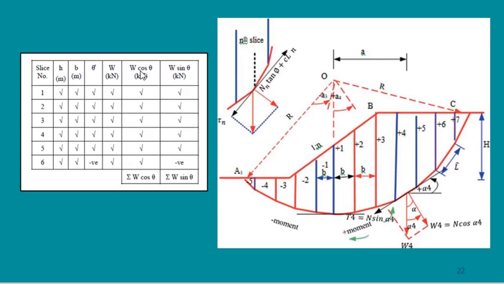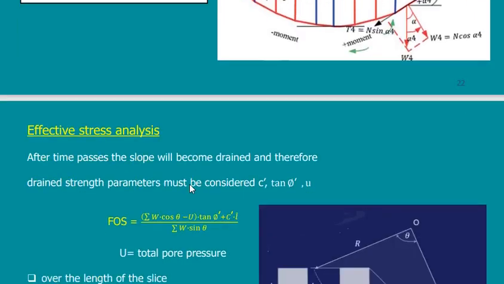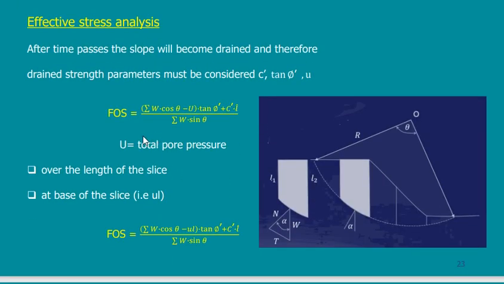Anyway, you are going to do this for all slices, and then you are going to get the sum of all of these values. So these are the components of W cosine, the summation of W cosine, and this is the summation of W sine. I will take this and use the equation for the factor of safety.